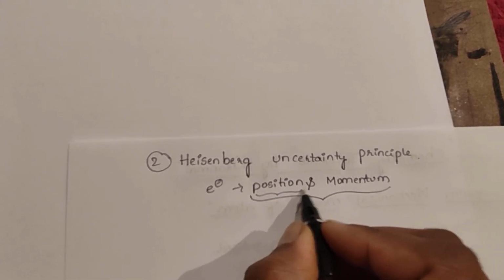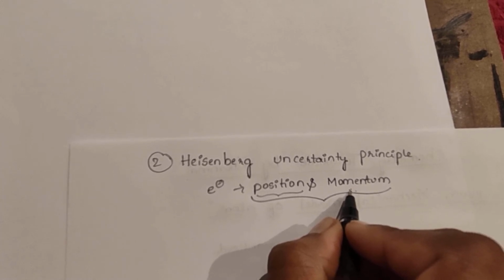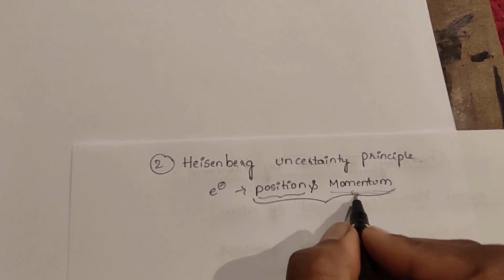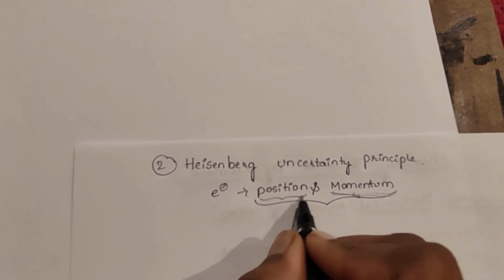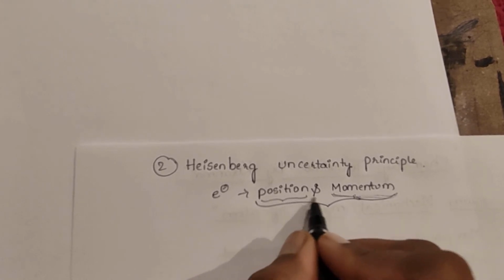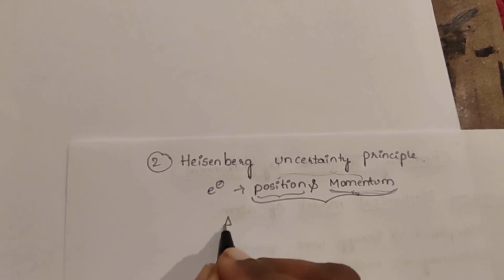If we calculate the exact position of an electron, we cannot calculate the momentum at that time precisely. And if we calculate the momentum accurately, then we cannot accurately calculate the position of the electron at that moment. So we cannot calculate both at the same time.